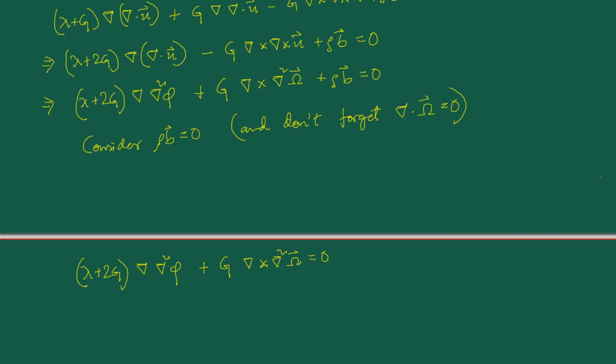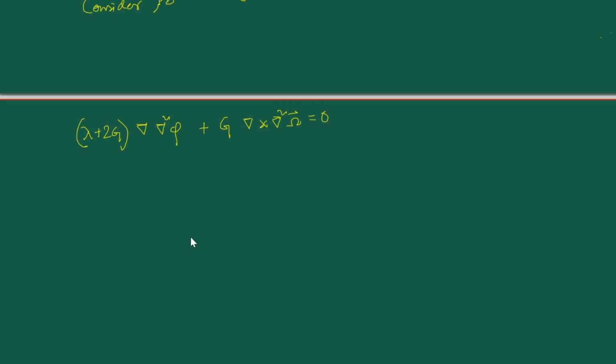Now our objective is to make some simplification so that we'll be able to actually solve for this. So you take the divergence of this. We are considering lambda and g to be constants.